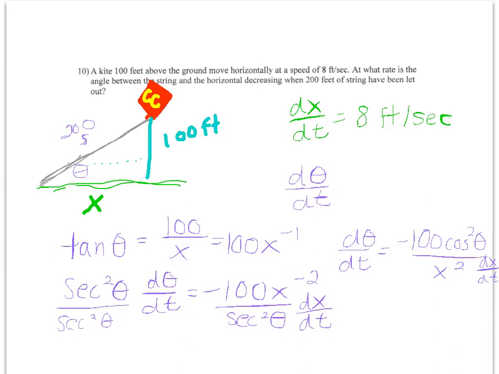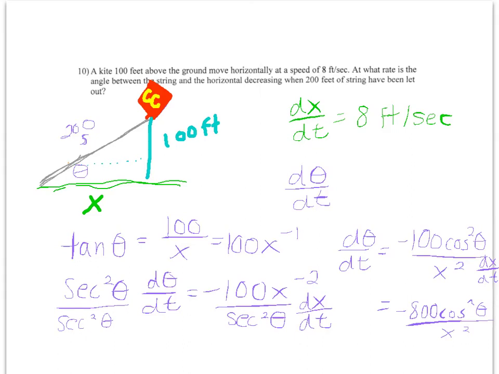There we go. Okay, so now we have dx/dt in there. And we know that dx/dt is 8, so we can change our equation to negative 800 cosine squared theta over x squared. All right, so that is our final equation for d theta/dt.